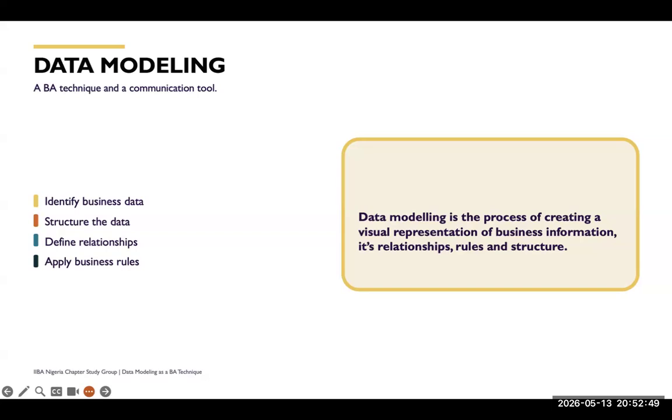Typically, the business analyst deals mainly with the what. That is always the responsibility of the business analyst, while the how could be the responsibility of a database designer, who would talk about how exactly it will be structured.